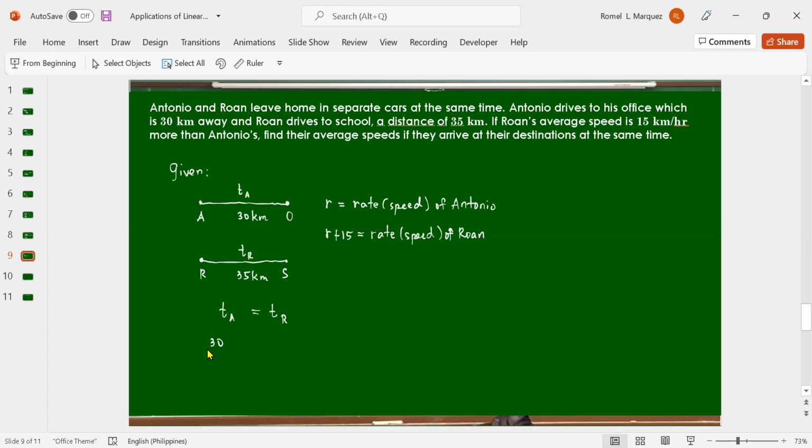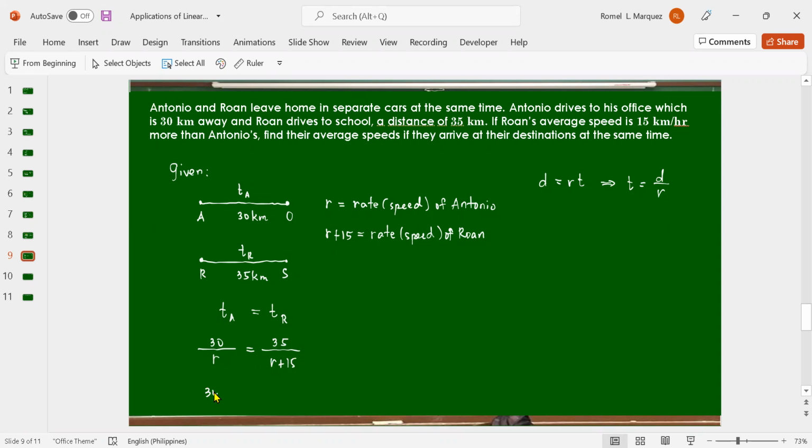Distance is equal to rate times time. Therefore, time is equal to D over R. Okay? So 30 over R equals, what about Roan? So that is 35 over R plus 15.